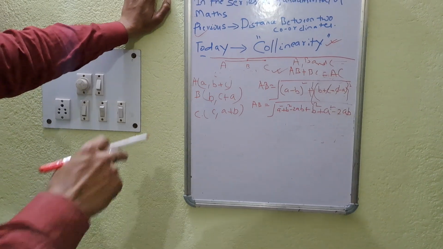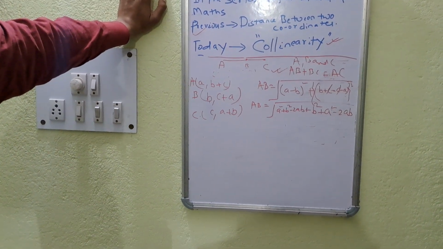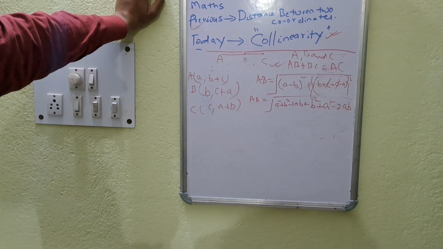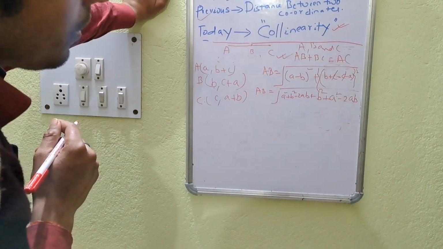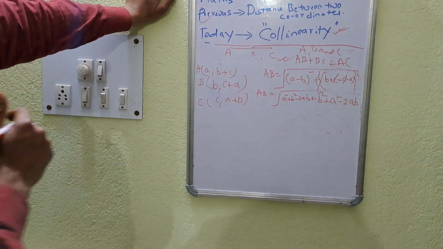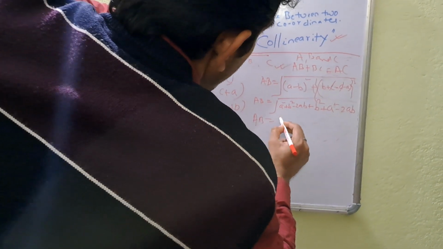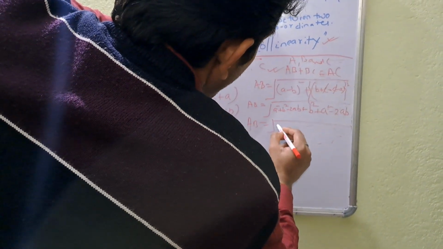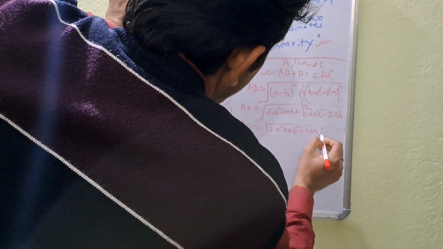Okay, so it is (a minus b) the whole square plus (b minus a) the whole square. So a square plus b square minus 2ab, and again b square plus a square minus 2ab. Understood? So it will be AB is equal to root of 2a square plus 2b square minus 4ab.